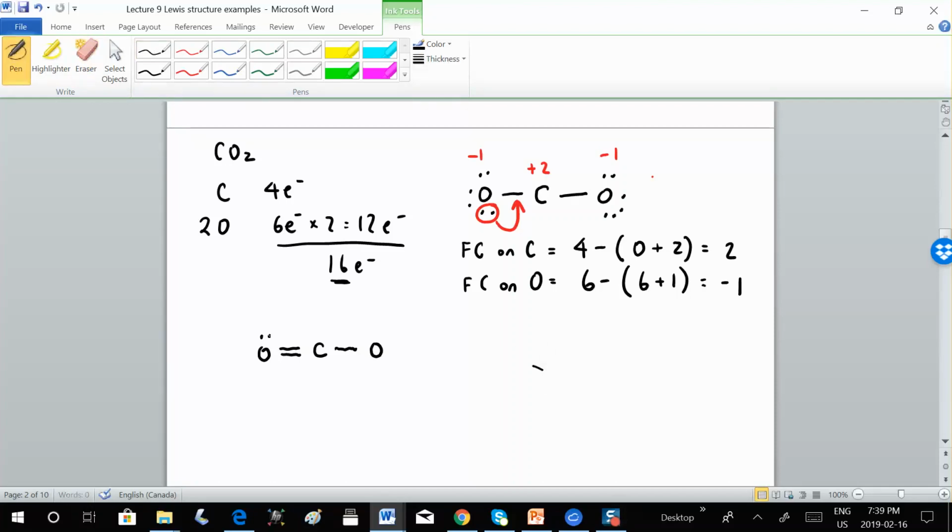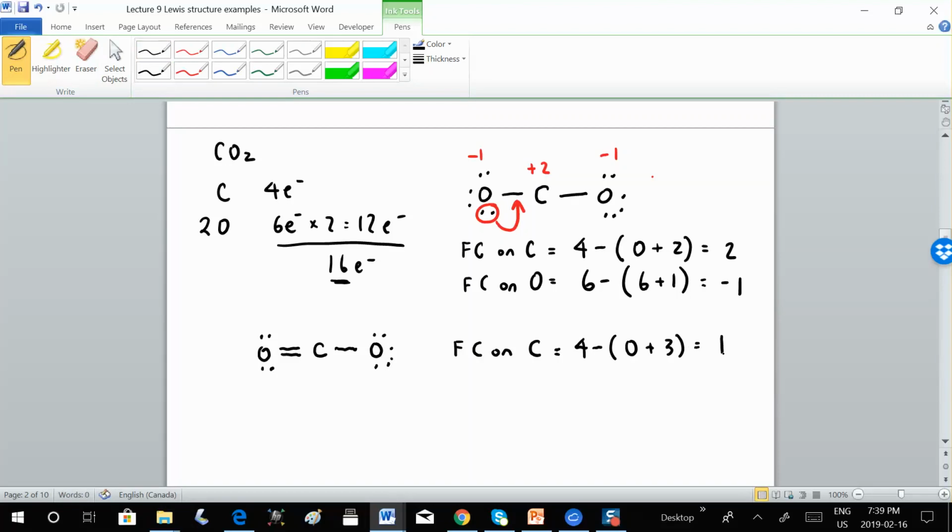Okay, so now I have 2 lone pairs of electrons on the oxygen on the right. Let's calculate formal charge again. So formal charge on carbon for this new second attempt is the following: 4 minus, there are no lone pair electrons, and there's a total of 3 bonds.